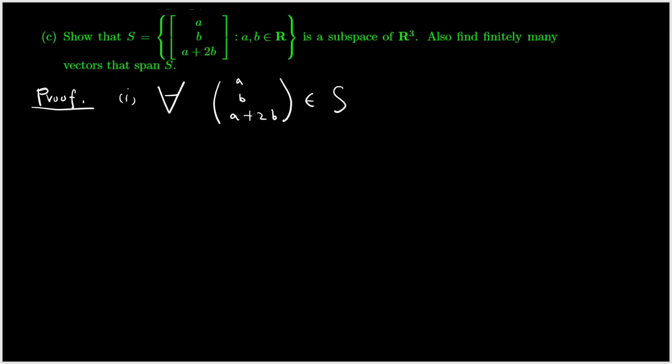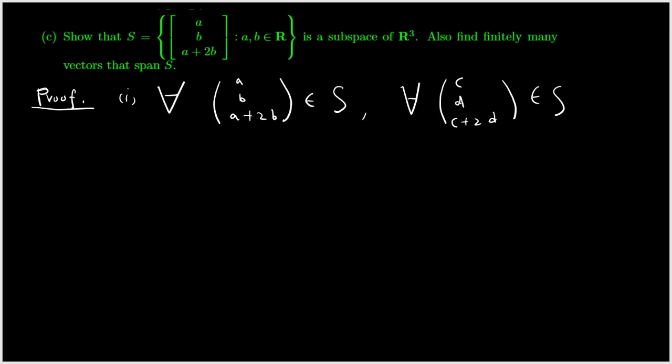We need to choose 2 arbitrary vectors from S. They may or may not be the same, so you have to use different letters for the components. We used a and b, so we can use c, d. Another vector has first component c, second component d. In order for the vector to be in S, the third component has to be c plus 2d. Is that right?